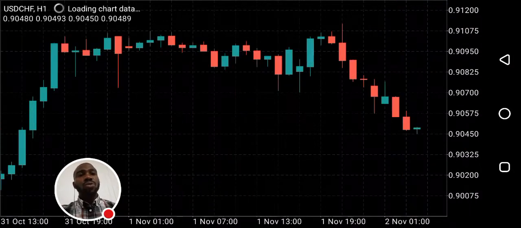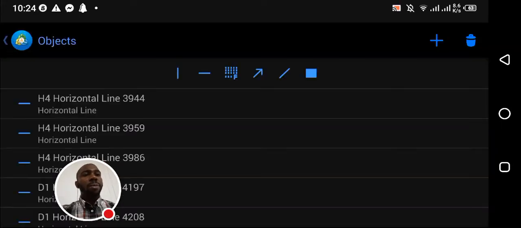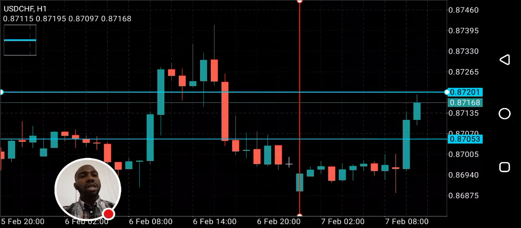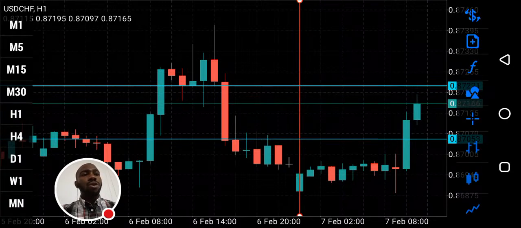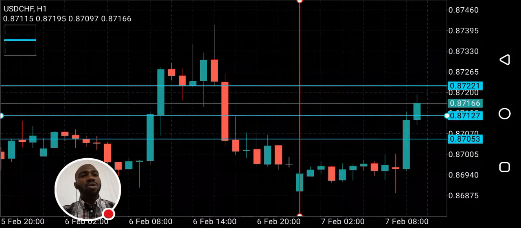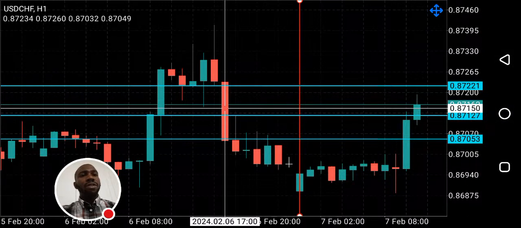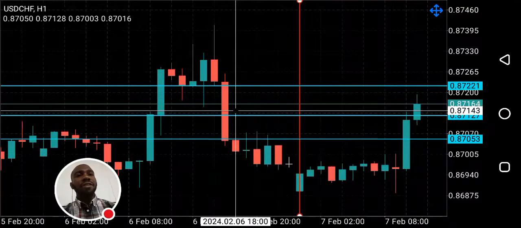Let's use 1 hour. Okay, good. You can see on 1 hour we had a fair value gap, which is the gap in between the low of this candle and the high of this third candle. That's a fair value gap.